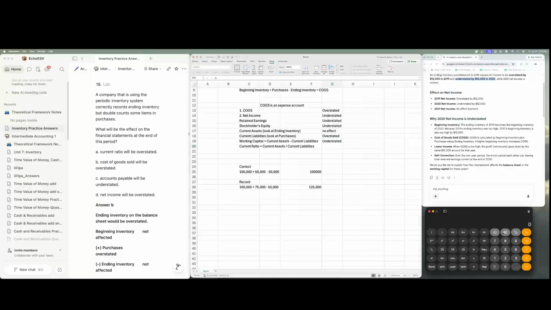And let's see, what is that? The ending inventory, 50,000, divided by purchases, 50,000, versus ending inventory of 30,000 divided by 50,000.